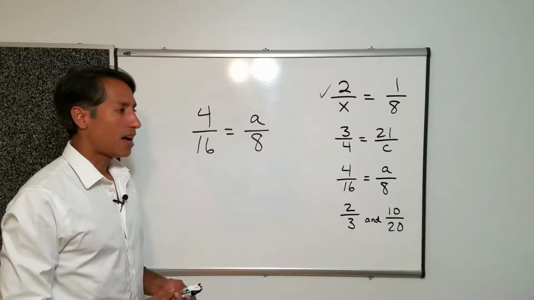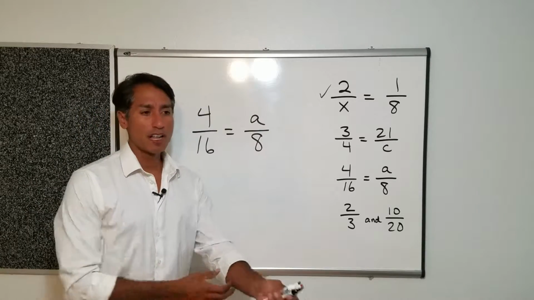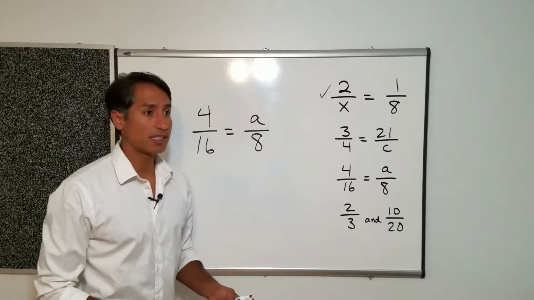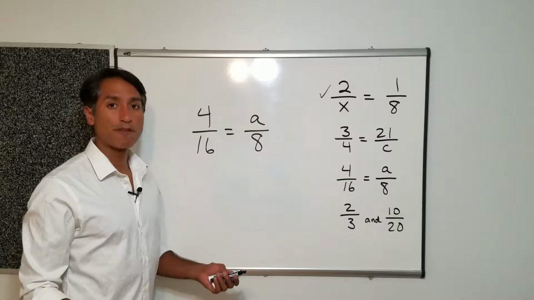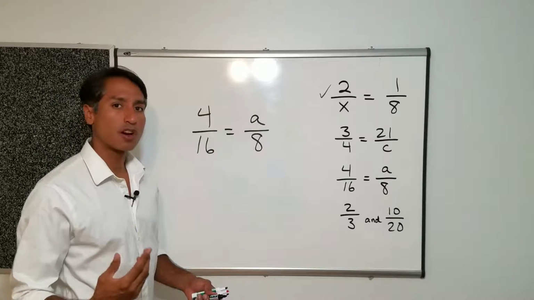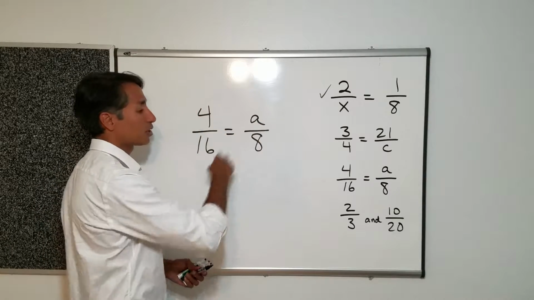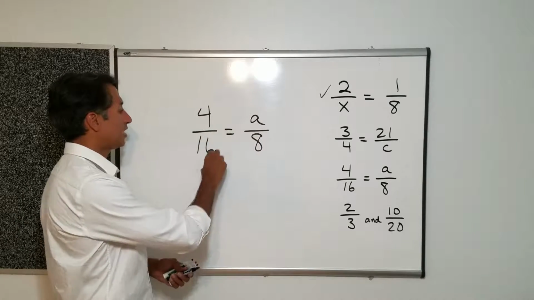Yes, you could. I think it really depends on what type of class you're in. If you don't have a calculator, then I would say try to reduce things if you can, or simplify fractions before you start working with them, because using a smaller fraction and cross multiplying is going to be a lot easier than, what if the 16 was up here?